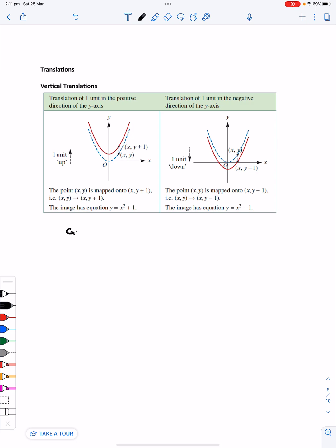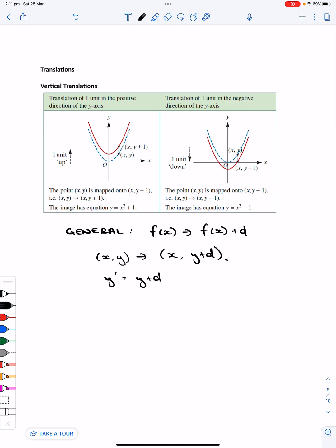The general form that you would use here is the original function f(x) becomes f(x) plus d, and therefore (x, y) becomes (x, y plus d). As you can see, we're only really changing what happens in the y coordinate. So our y image equals y plus d, okay? And if I wrote that in terms of y, that's y image minus d.